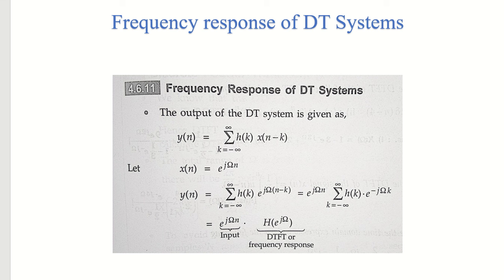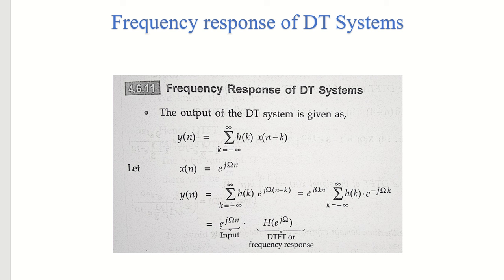We will get y of n equals the summation k equals minus infinity to infinity h of k, which remains as it is, e raised to j omega (n minus k), because the minus k was also present there, right? Then you will take the e raised to j omega n outside the summation.